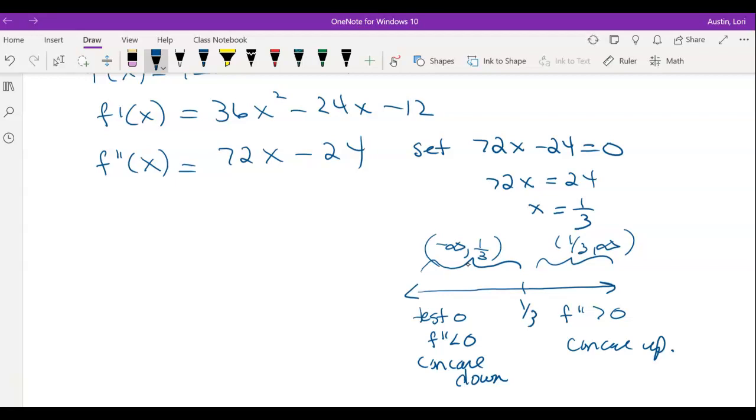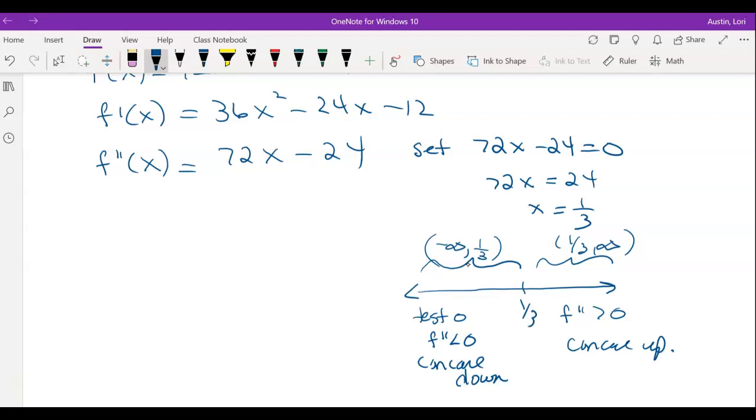So that tells you the interval. If you are only asked to find the intervals where it is concave up or down, you're done. We can ignore the first derivative, go right to the second derivative, take the derivative twice, do the little test. We know our intervals. It is concave down from negative infinity to 1/3, concave up from 1/3 to infinity.